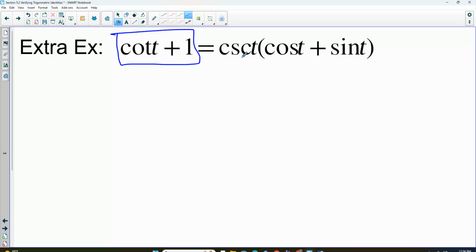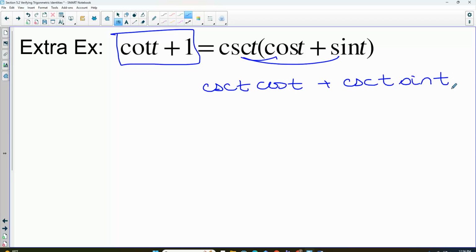Okay, start distributing. All right. We have two things added now. It's closer. What do I need to do next?